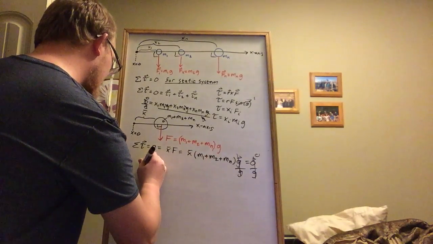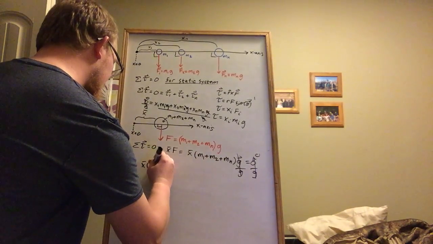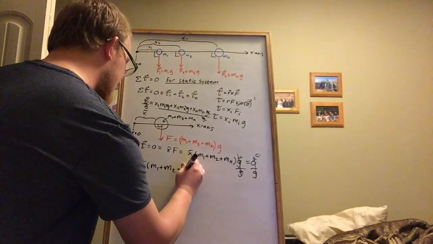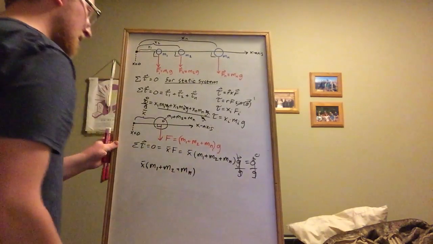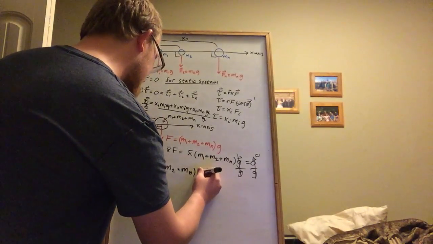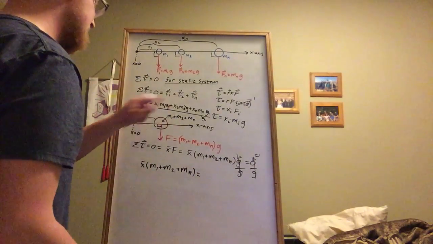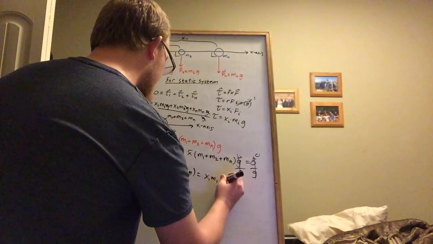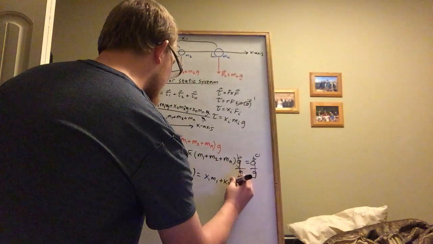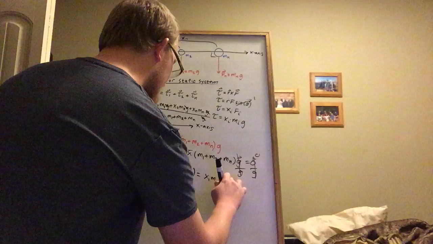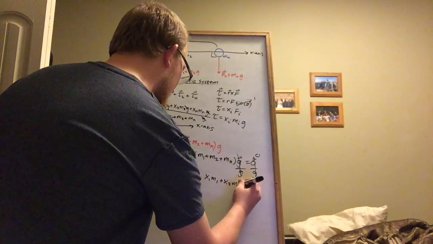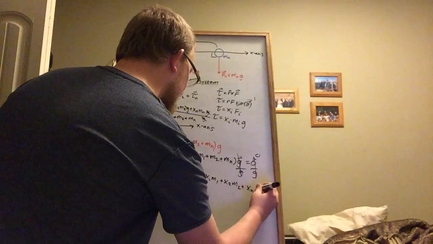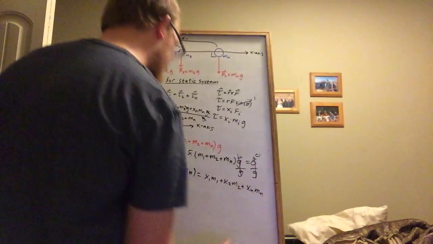So here's this equation, x bar times (m1 plus m2 all the way to the nth mass). First equation is equal to second equation, which is x1 m1 plus x2 m2 plus xn times the nth mass.